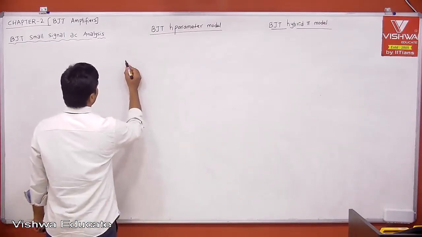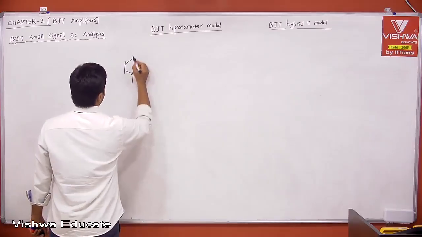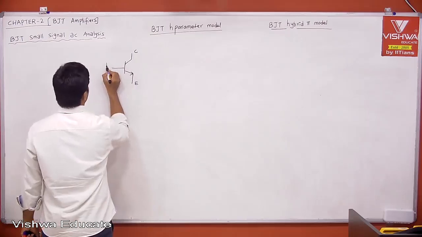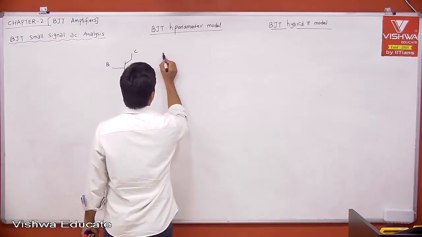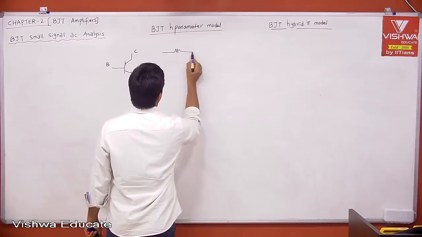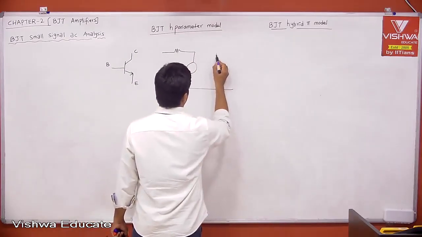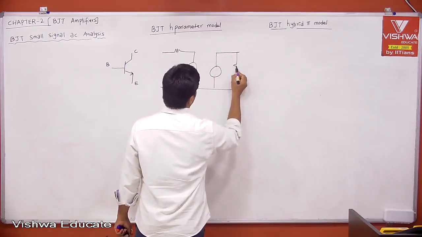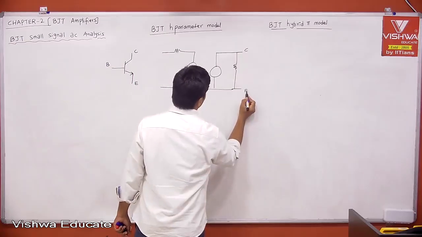What is the H parameter model? If you consider a transistor, this is collector, emitter, and base. Then the equivalent circuit we got, I'm taking the exact model only. Just now we have seen from both quantitative and qualitative analysis that we are able to correlate.